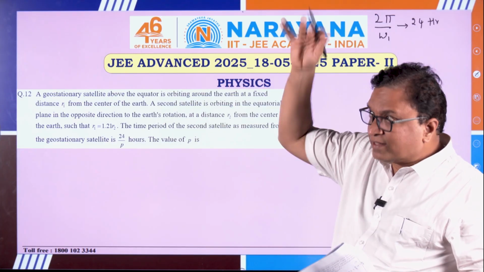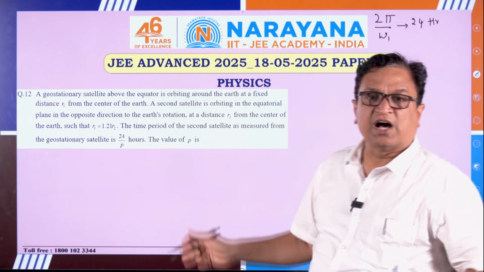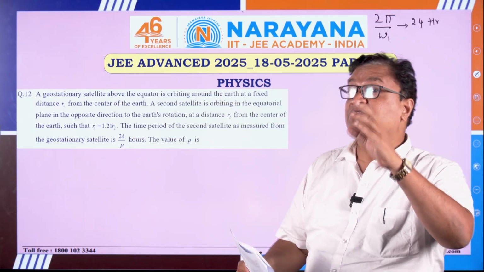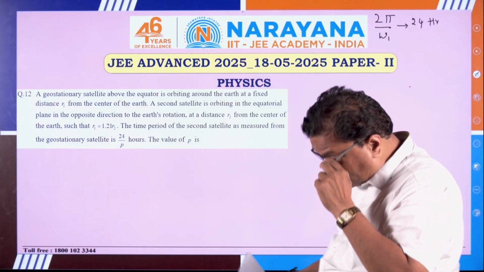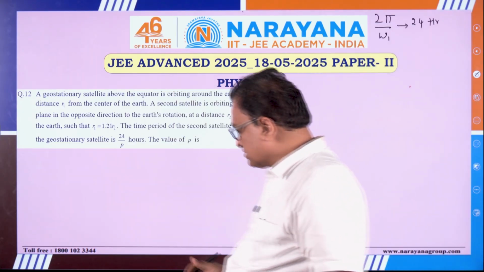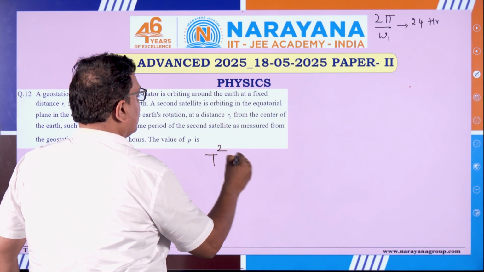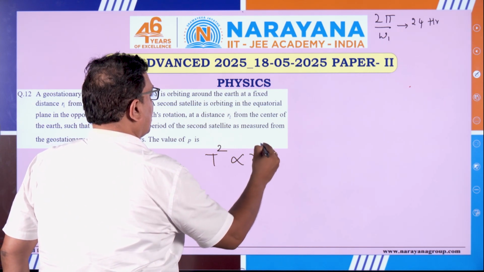Fine. You took another satellite which is moving in the opposite direction. It's given in the question at a distance r2, and you have given a relation between r1 and r2. Means you can give some relation between T1 and T2, which means you already know T square is proportional to r cube.